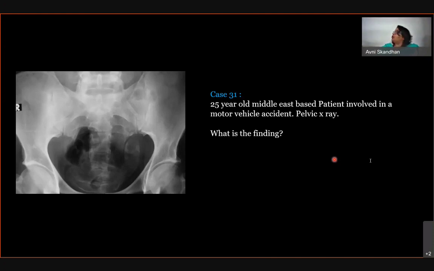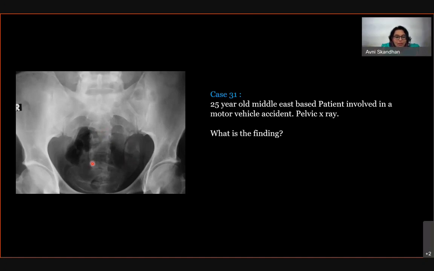Yes, schistosomiasis. Don't always look for what we are expecting. Just because it's an RTA doesn't mean there has to be a fracture, and you cannot diagnose a bladder rupture on a non-contrast study. If you have not instilled contrast in the bladder, you cannot talk about bladder rupture. So don't say bladder rupture on a plain X-ray.